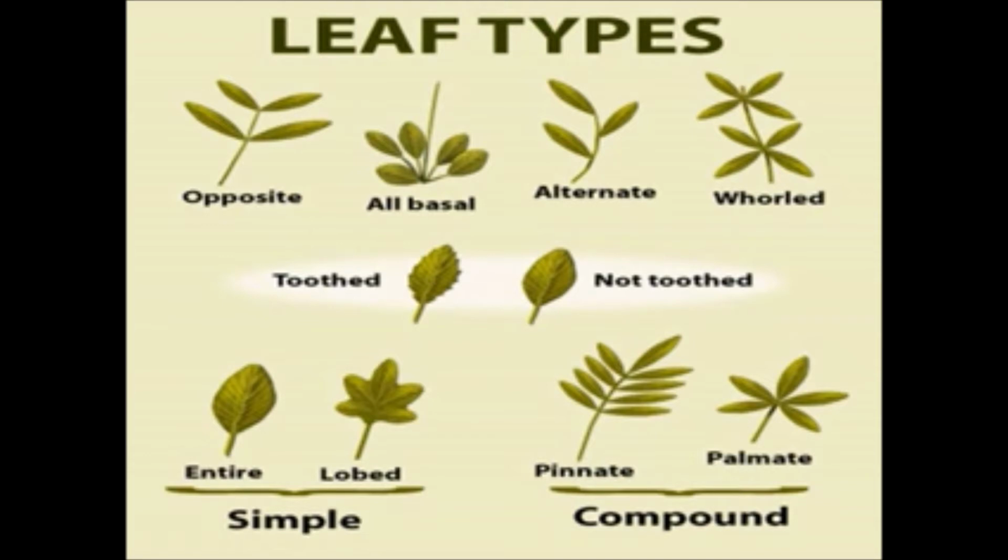Leaf types: opposite, all basal, alternate, whorled, toothed and not toothed. A simple leaf has an entire leaf or a lobed type. Compound leaves are of two types: palmate, where all the leaflets are joined together at one point, and pinnate, which has a branched arrangement of leaflets.